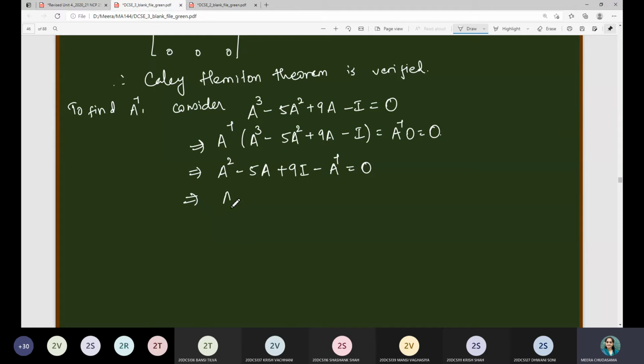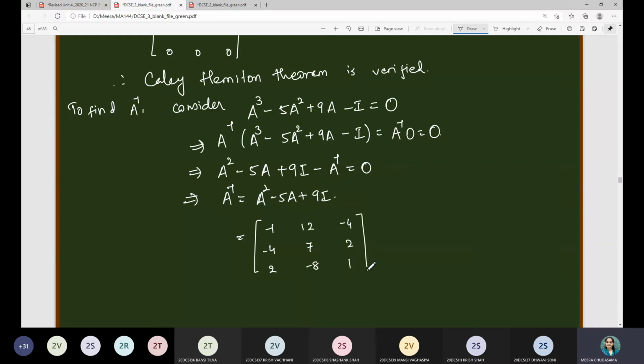So from this equation I can say A inverse is A square minus 5A plus 9I. You have already found A square. So let us substitute these matrices and check what we get. Here it will be minus 1, 12, minus 4, minus 4, 7, 2, 2, minus 8, 1.